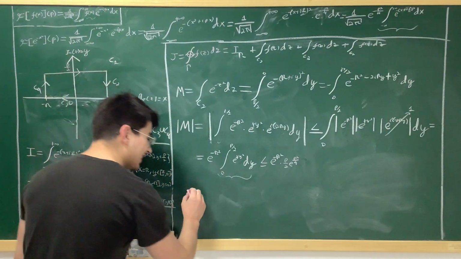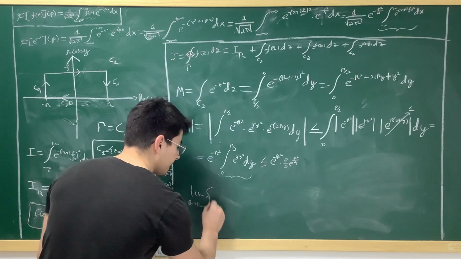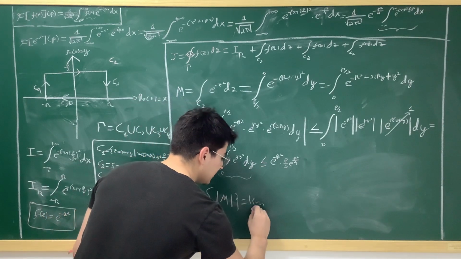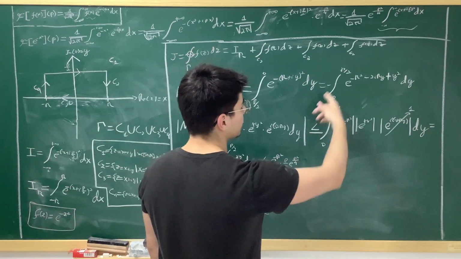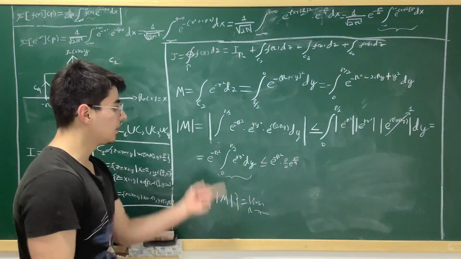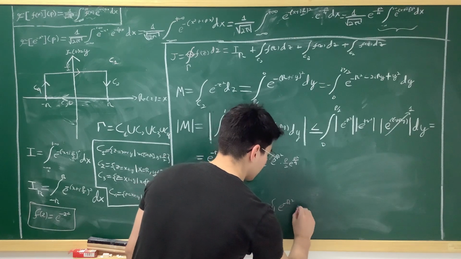Well, if we take the limit when r goes to positive infinity of this integral, remember again that m is just this integral, we get that this is going to 0, right?